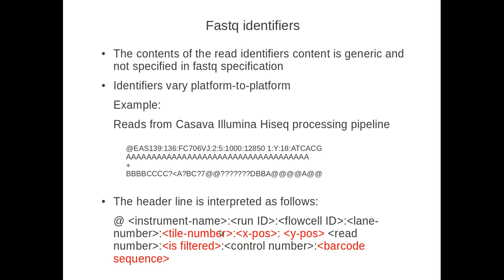So in particular, I've colored in red, from the Cassava spec here, the positions of the read name that are important. The tile number tells where on the flow cell the read is coming from, sort of as a region. Then the X and Y positions of the individual cluster in that region. Then yes or no, Y meaning yes, it passed filter, which is the default Cassava processing filter. And it also contains information about the barcode.